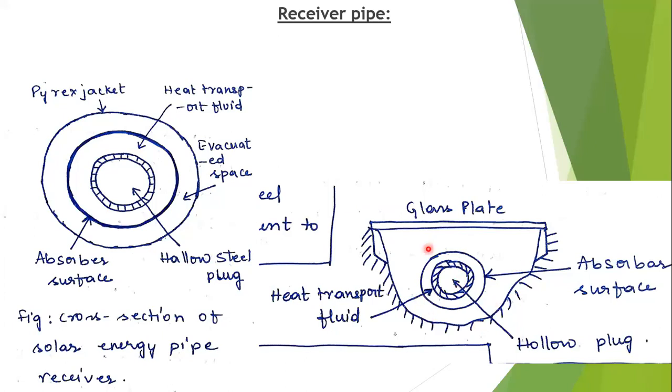This is the modified absorber design. Insulation at the bottom and sides of the absorber pipe and a flat plate over it is to reduce the thermal losses. Here there will be insulation.